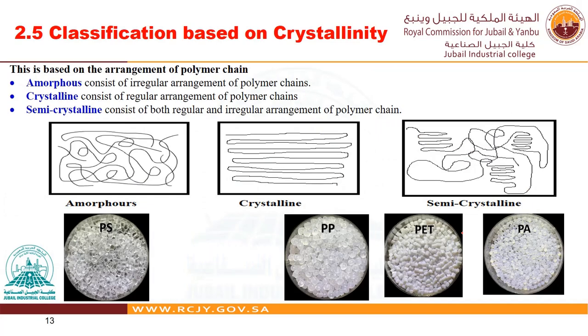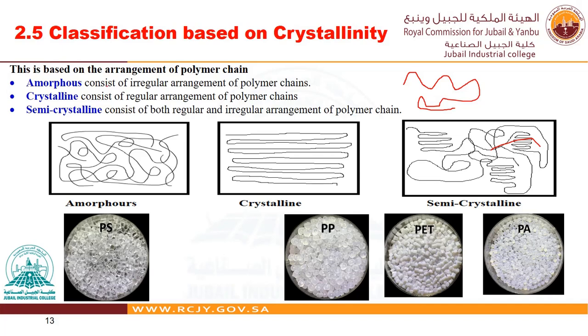Now, the next classification, or the fifth classification I'm going to look at, is based on crystallinity, because the polymers are long chains. This arrangement of chains can lead to different types of secondary structure.